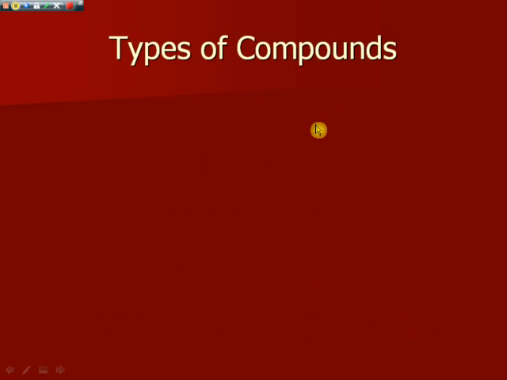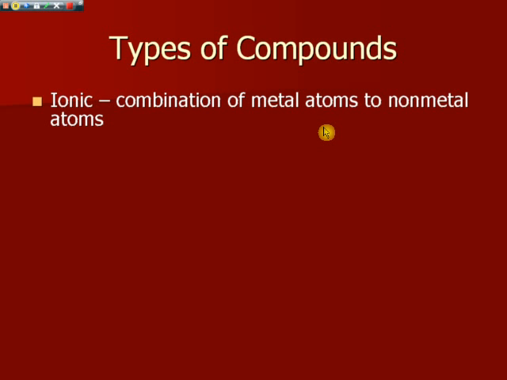Let's take a step back and recall what we've done in the previous unit in terms of the types of compounds. The types of compounds, whether they are ionic or covalent, indicate for us what types of reactions might result if we combine them. So for example, there are ionic compounds, which is the combination of metal atoms to non-metal atoms.